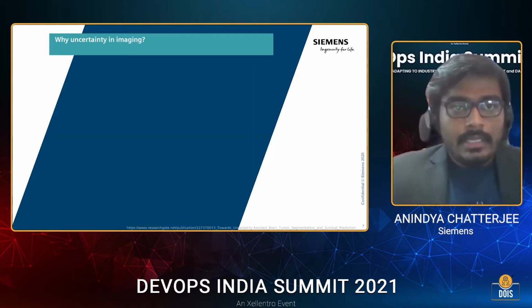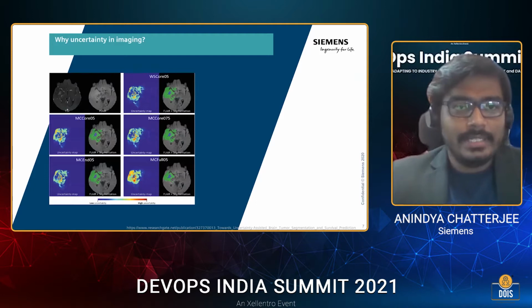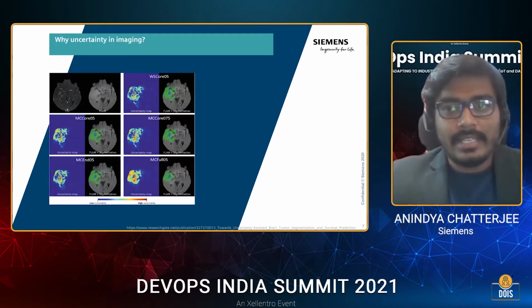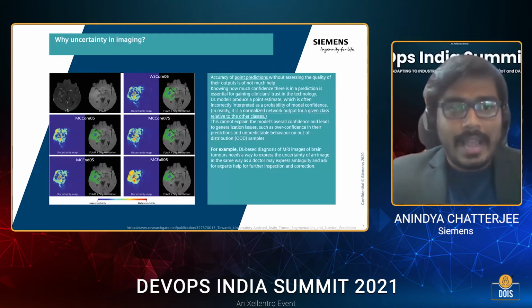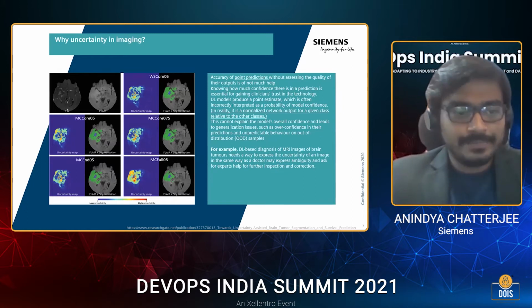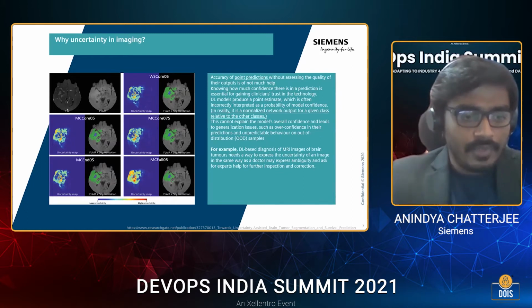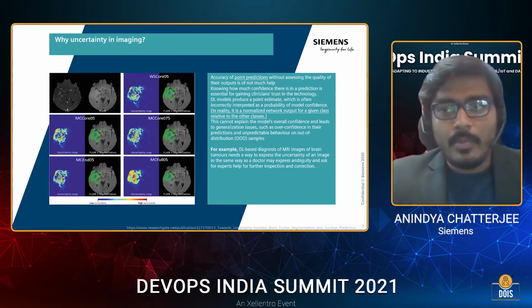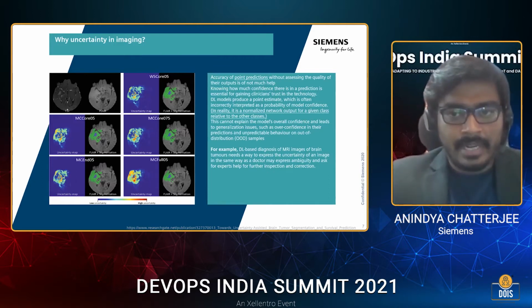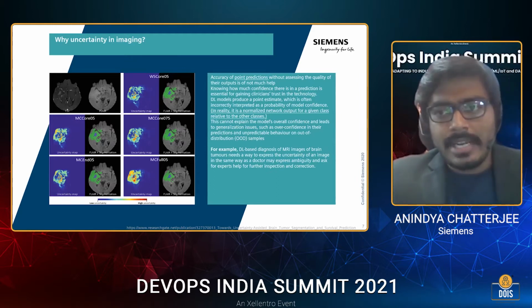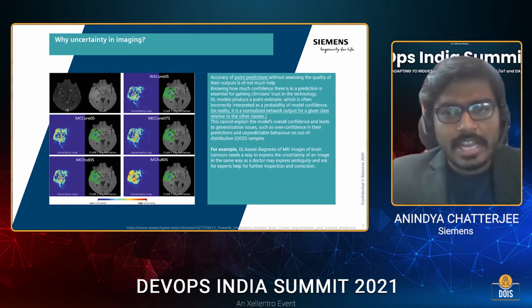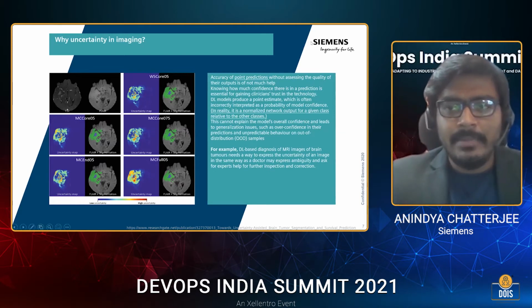Now, why do we need to detect uncertainty in images, and what is its use? Let's take an example of an image segmentation problem where we are segmenting an MRI scan for brain tumors. As we know, deep learning models produce a point estimate, which is often not correctly interpreted as a probability or model confidence.